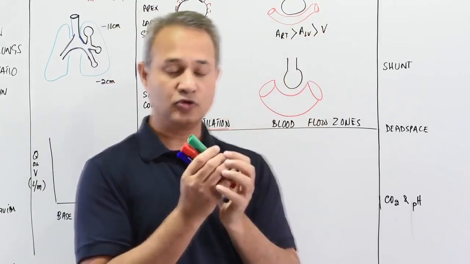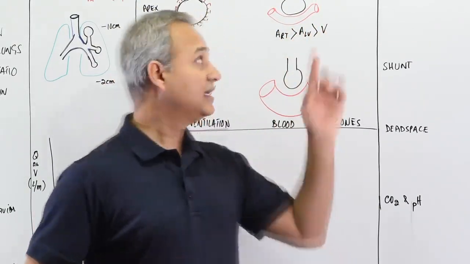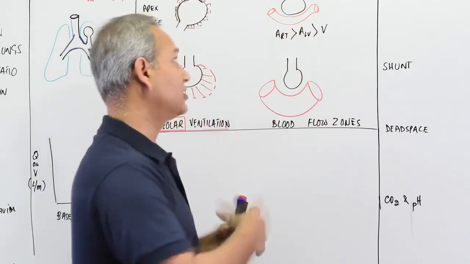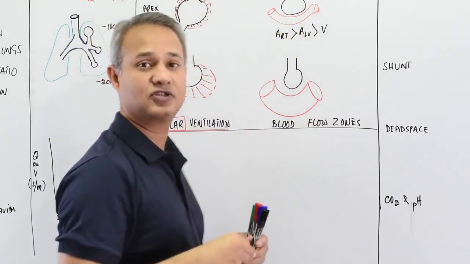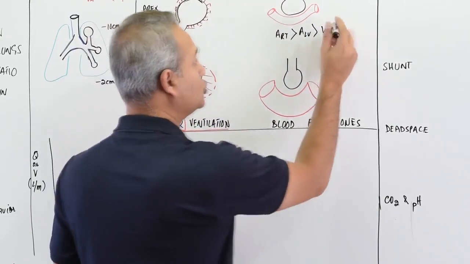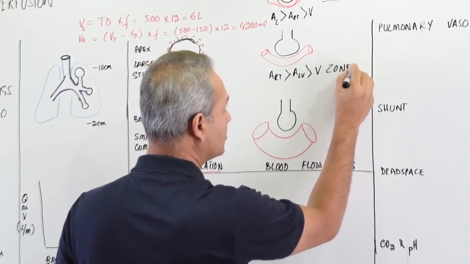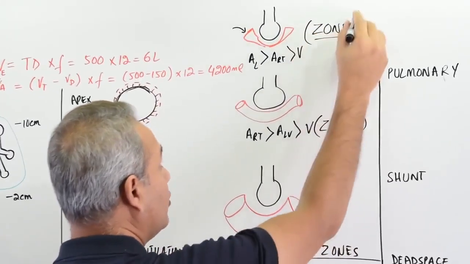And when the heart goes into diastole and the pressure falls, the alveolar pressure becomes greater and the blood vessel will collapse. How would it collapse? Because the alveolus would press on it. This is called zone 2 flow.